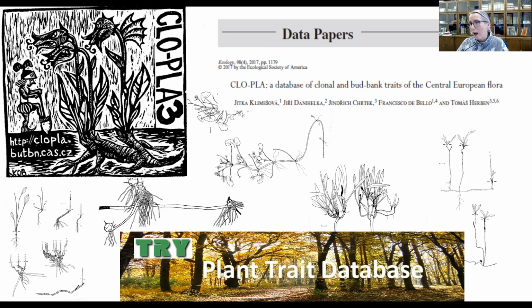So the data are available about clonal growth organs and belowground storage organs of Central European flora. But so far it is only this flora which has its database of clonal growth organs.